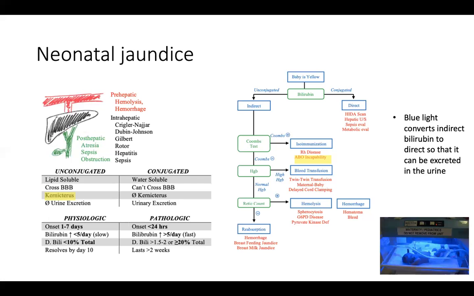If they are not increased, we don't have a lot of turnover, then maybe it's a reabsorption issue, like hemorrhage or breastfeeding or breast milk jaundice. So this is complicated, but taking it step by step can help you know the different causes of neonatal jaundice.